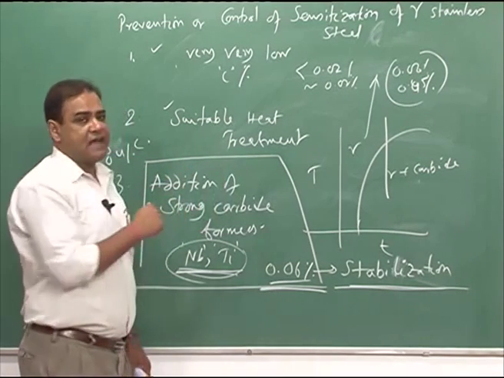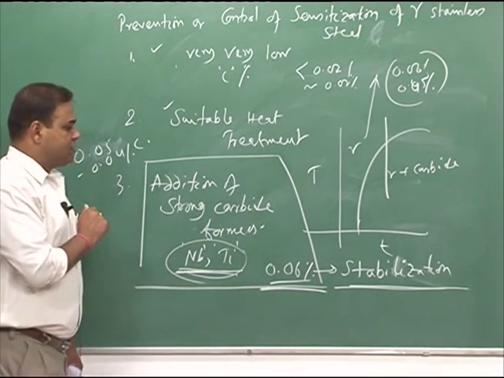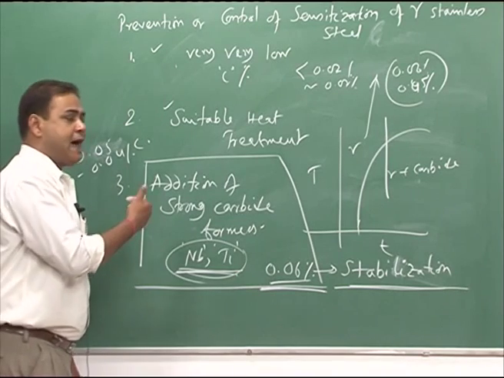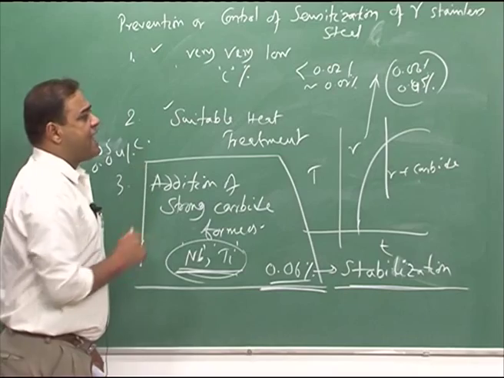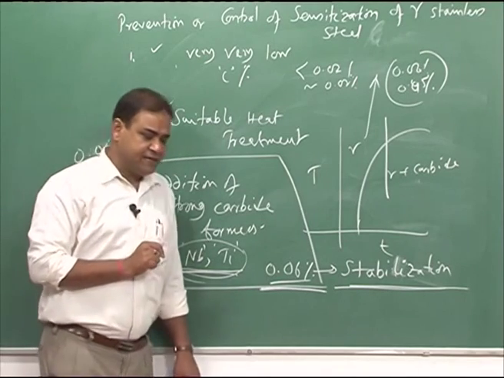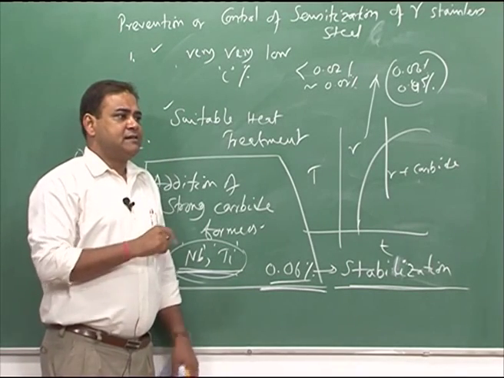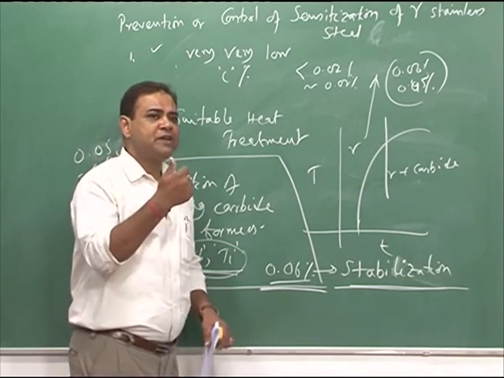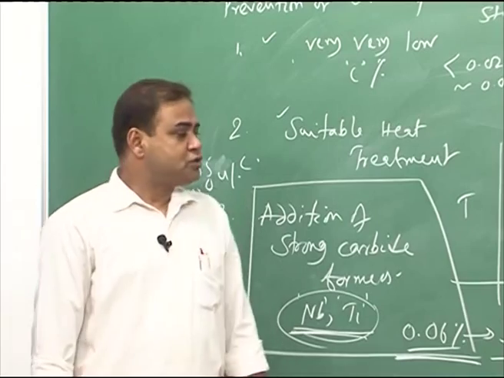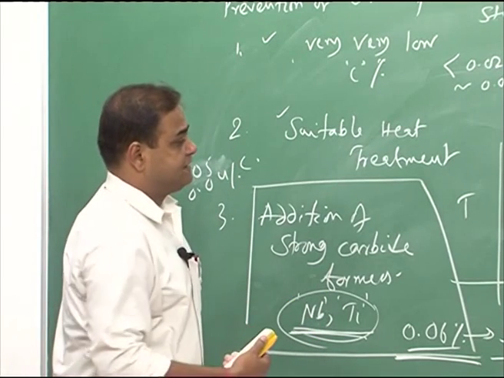We will see a classic example of why sensitization can happen even when the material is stabilized. That can happen in a stabilized stainless steel drum which handles fuming nitric acid. So, let us see that example.